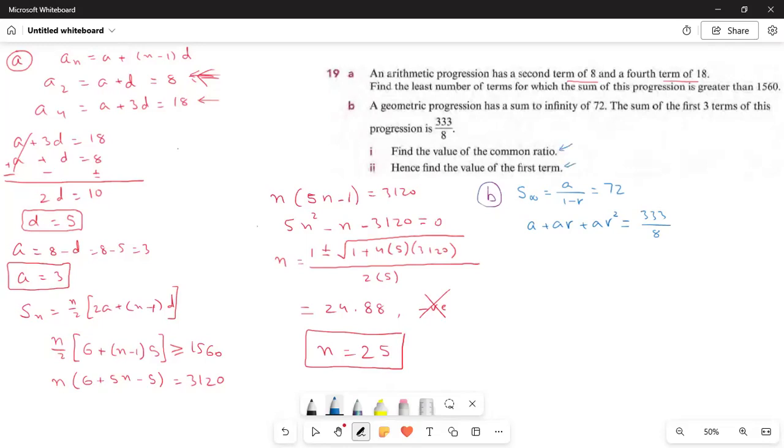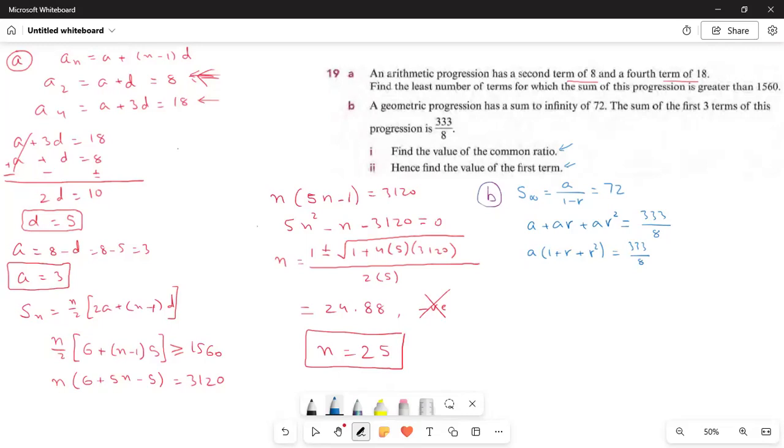So in other words, I have two equations and two unknowns, and I have to solve them for both unknowns. Okay, so the second equation, if I simplify it a little bit: a common, 1 plus r plus r squared is equal to 333 over 8.